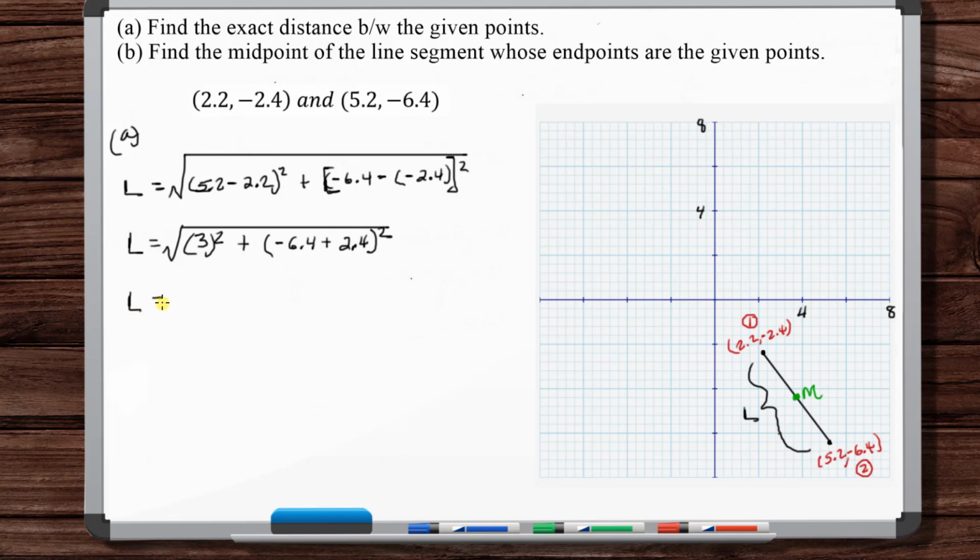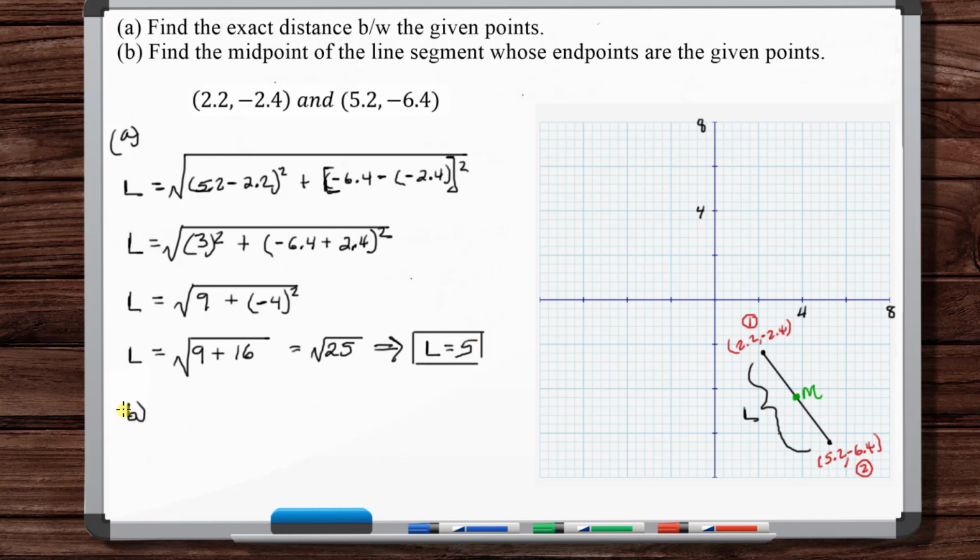So we get L is equal to the square root of 9 plus minus 4 squared. So 9 plus 16. So L is equal to 5. That is part A.